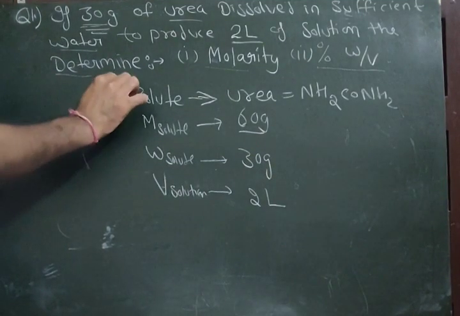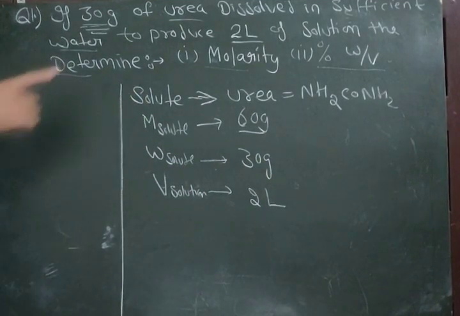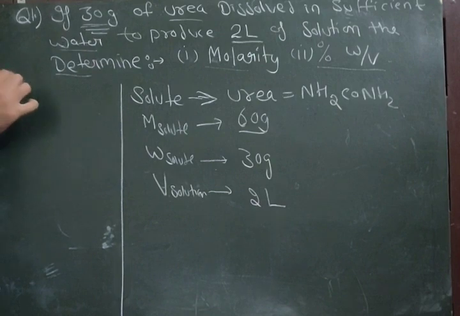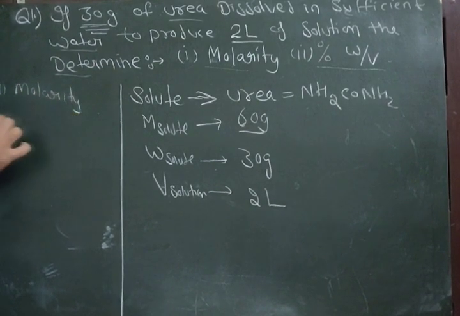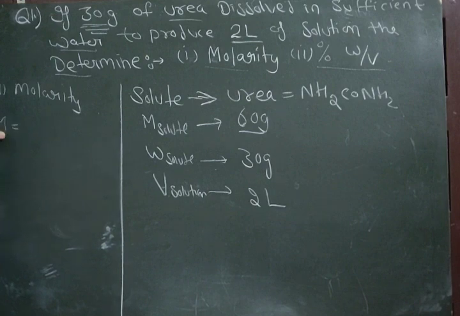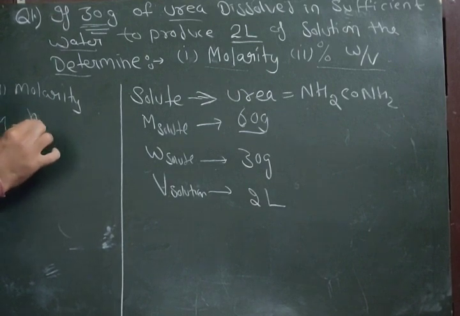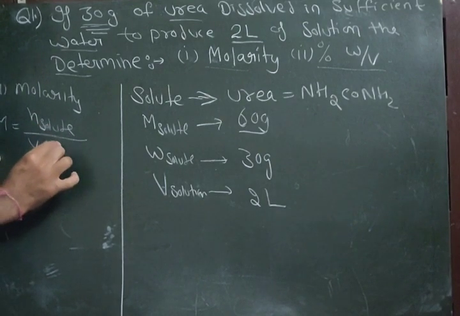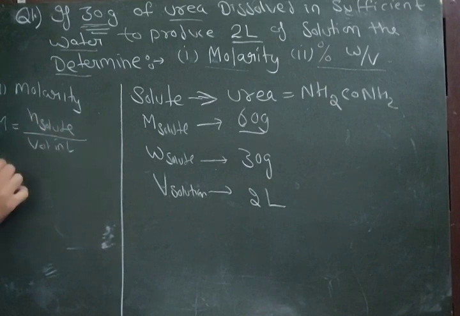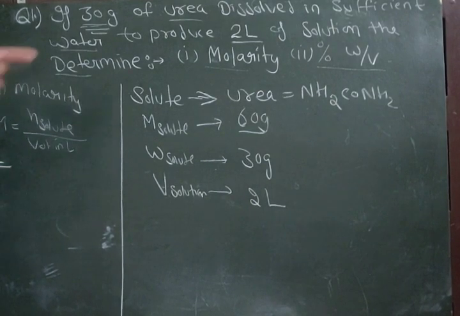So according to the definition, here we are discussing the first problem. We have to calculate the molarity. What is the formula of molarity? Write it again and again so that it is on the tip of your tongue. Molarity is the number of moles of solute divided by volume in liters, and the number of moles of solute is given mass divided by molecular mass.